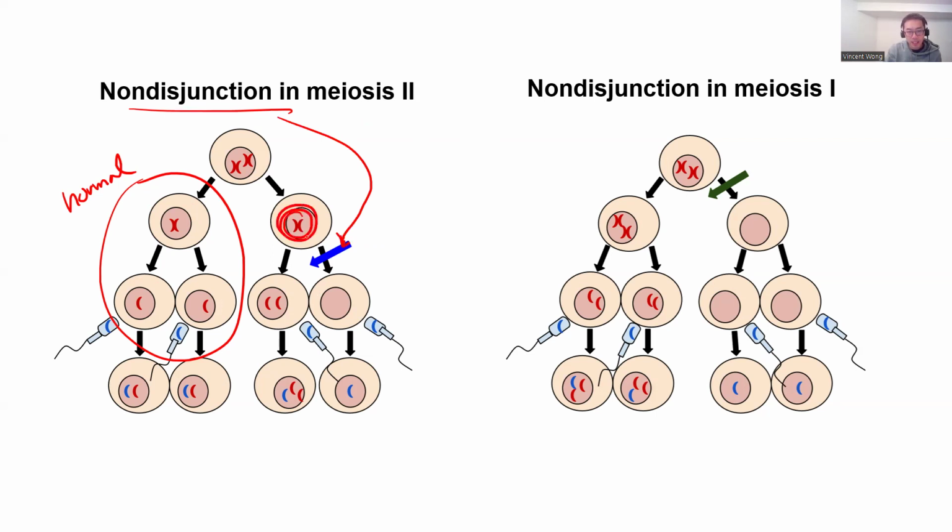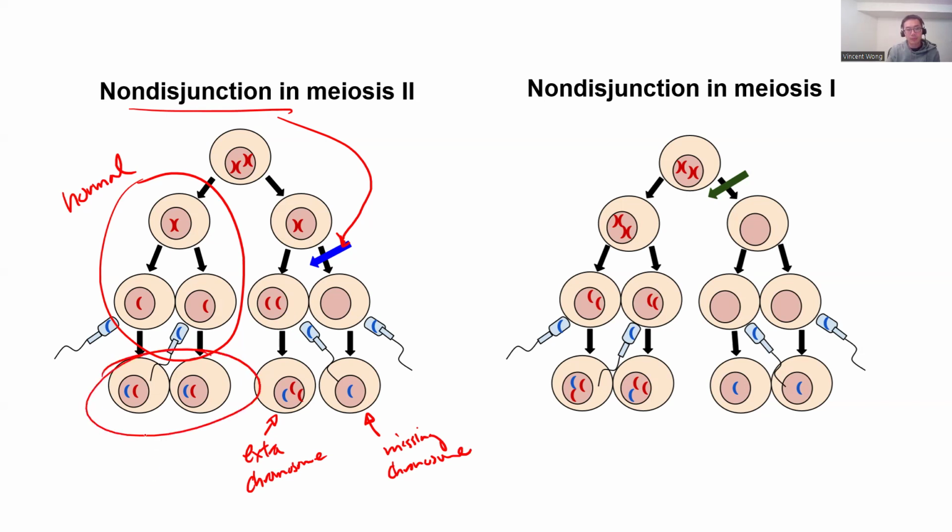So instead of separating these 2 sister chromatids, one cell gets all of it. So when the sperm fertilizes this egg, there is going to be an extra chromosome, whereas here is going to have a missing chromosome. These ones are okay though, because both separations were fine.